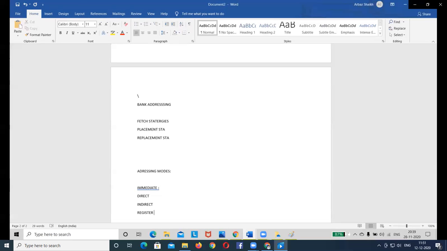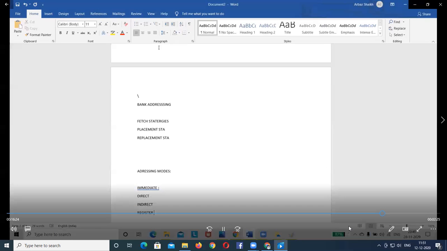Then stack addressing: the operand is at the top of the stack, that is, pop the top two items from the stack and add, meaning adding and removing, pop and push. Then the Pentium addressing: the effective address is an offset into a segment, where the starting address plus offset gives the linear address.